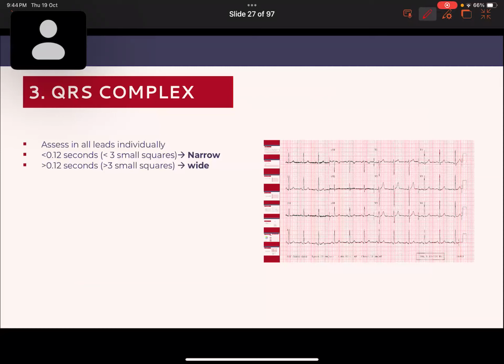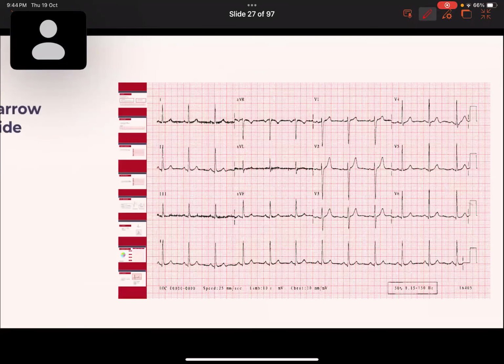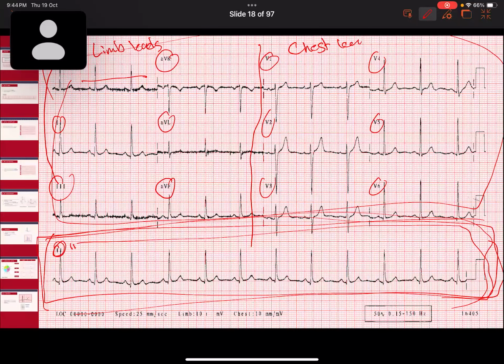Next thing is the QRS complex. So if we go back and demarcate it, one thing that you guys could do, let's take LEAD 2 for example. We're right here. So this is the Q, R, and then S wave. And if we count the number of small squares, that's going to be 1, 2, and 3 small squares. 3 small squares is how many seconds?